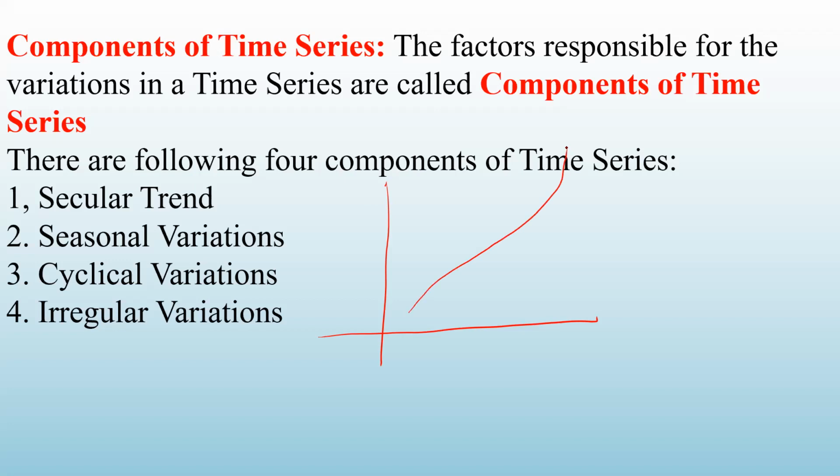Similarly, we can have the time series showing a declining, decreasing trend. For example, you can see that the death rate of infants is declining.